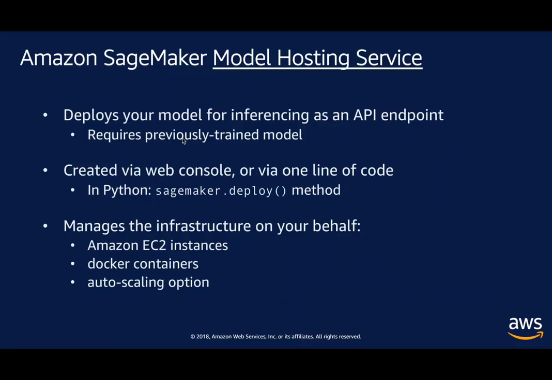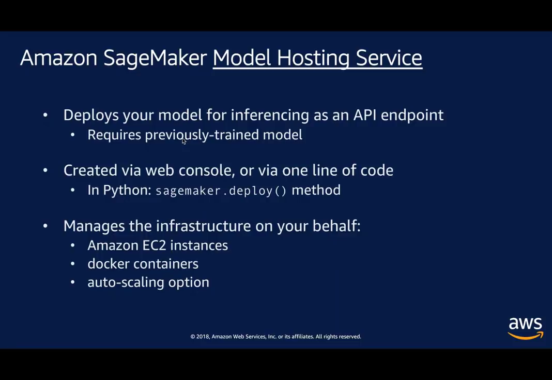Again, the hosting service is one call to the API, and it creates a fully managed, scalable, highly available API for you. The most widely used SDK that we offer is the Python SDK, and within that, all you do is call the SageMaker deploy method.